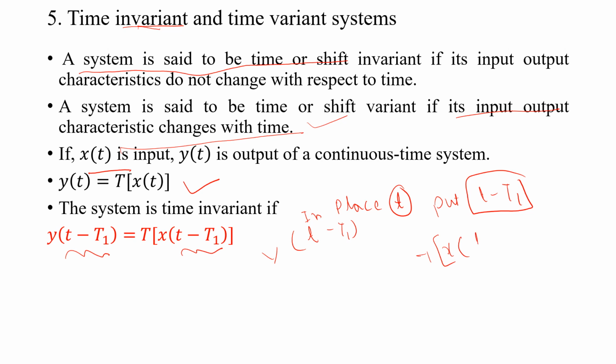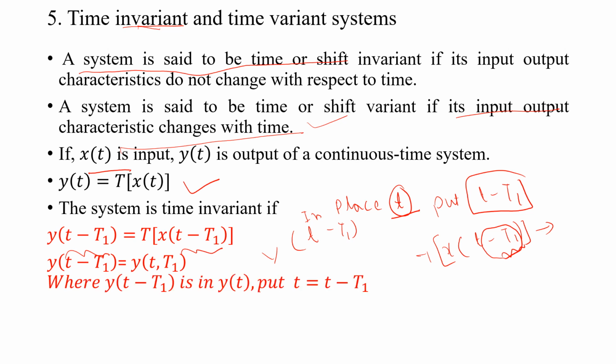Transformation of x of t minus t1 means inside the x bracket you put minus t1.